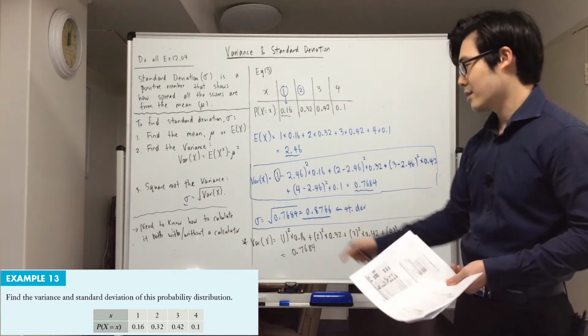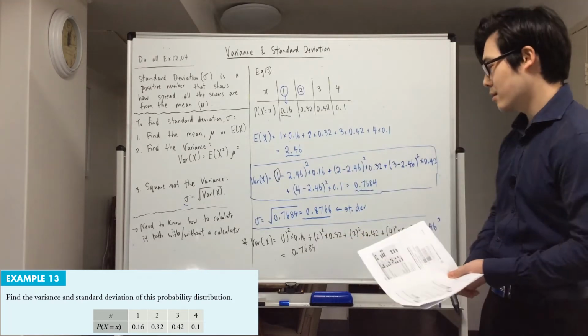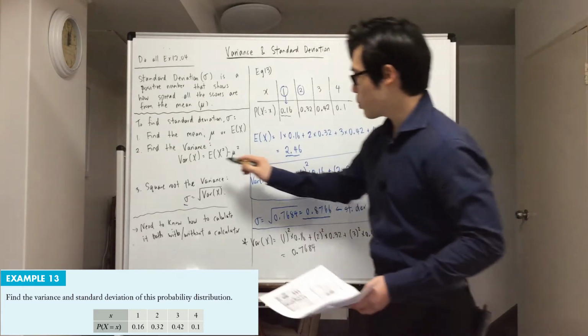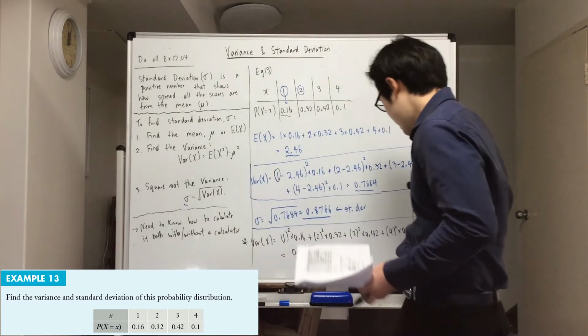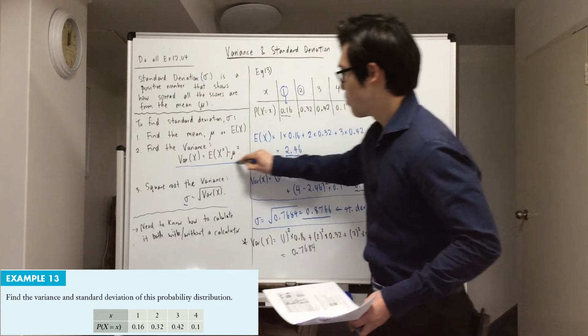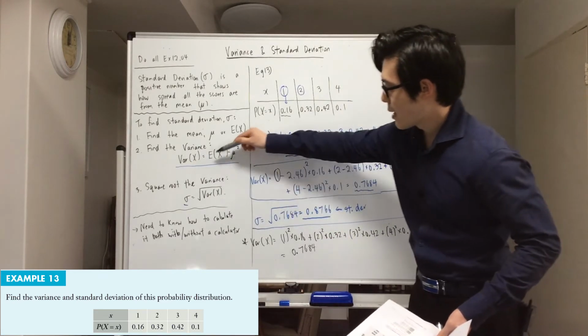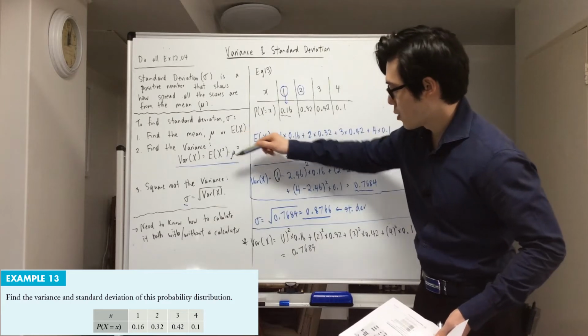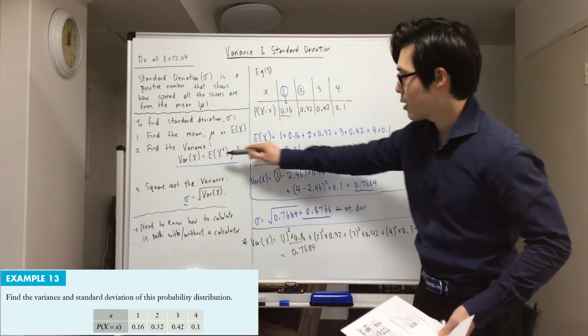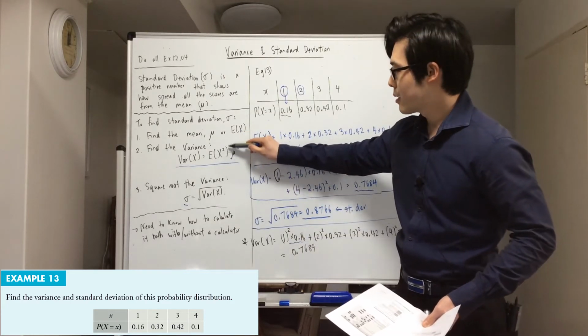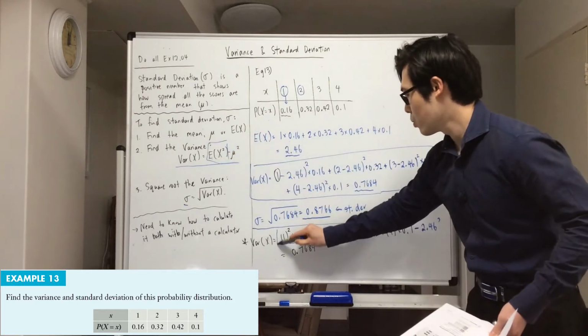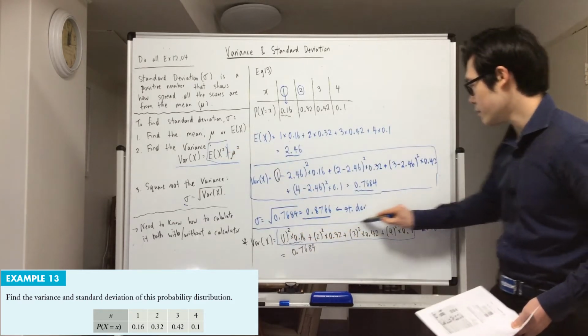Either will work, but obviously this will be more practical in most situations. So this is what I've just done here. This is what this fancy formula means. You're taking the score of each. Now, E of x squared means you also have to multiply by the probability of each outcome. So this is all of this, okay?